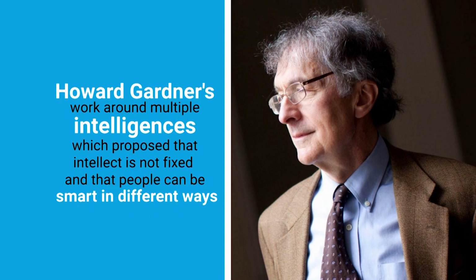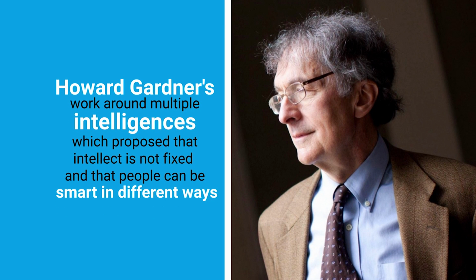Learning styles are strongly associated to American psychologist Howard Gardner's work around multiple intelligences, which proposed that intellect is not fixed and that people can be smart in different ways. Some people have linguistic intelligence, giving them strength with spoken and written language.